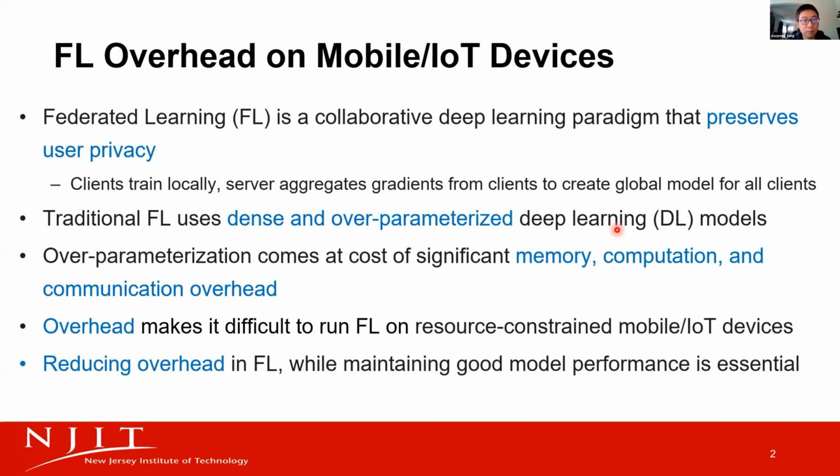However, this over-parameterization comes at the cost of a significant memory, computation, and communication overhead. And this overhead makes it difficult to run federated learning on resource-constrained mobile and IoT devices. Therefore, it is essential to reduce the overhead in federated learning while maintaining good model accuracy.